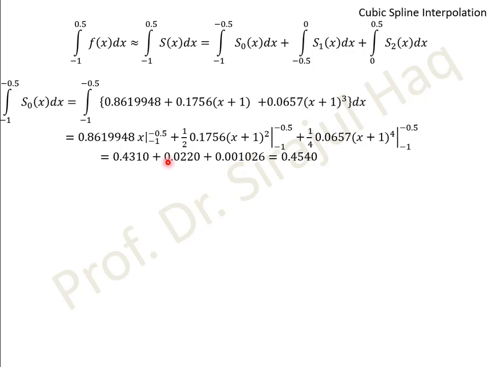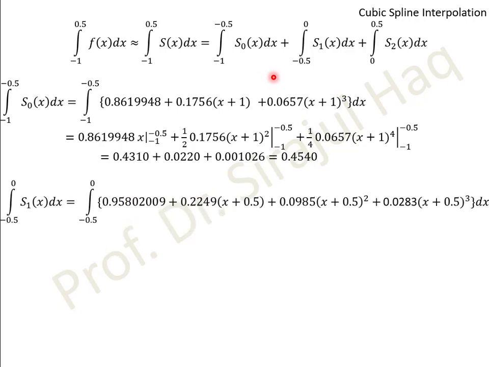You are getting this value, and if you add all these values, this is the value of S0 of x. So the area which is between x is equal to -1, x is equal to -0.5 under S0 and above the horizontal axis.